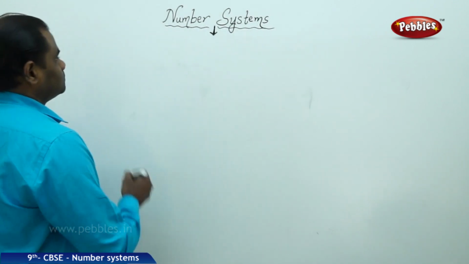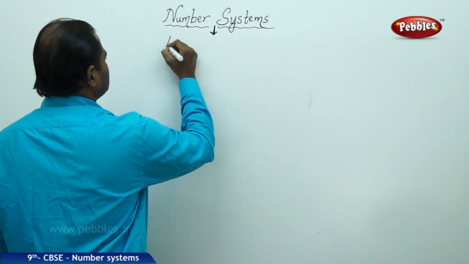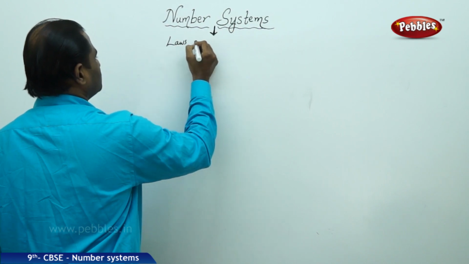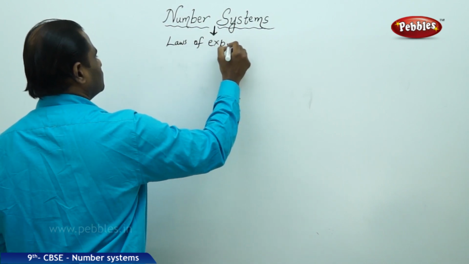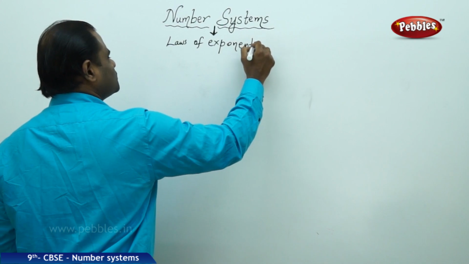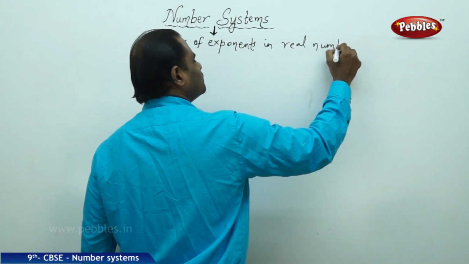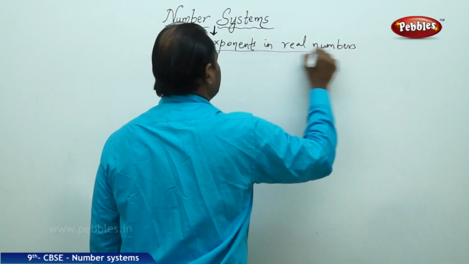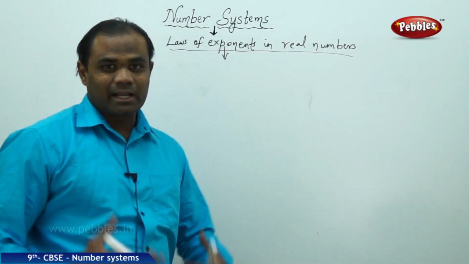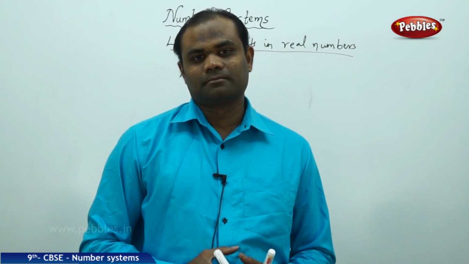Laws of exponents, laws of indices is what we are going to talk about. Laws of exponents in real numbers. So let's see how they are collaborated or interconnected with each other.